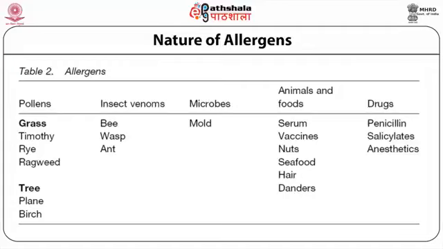Allergens can also arise from animals like hair or dander. They can also arise from food material like nuts and seafood. In some cases, drugs, notably penicillin, salicylates, and anesthetics, are known to cause allergy.